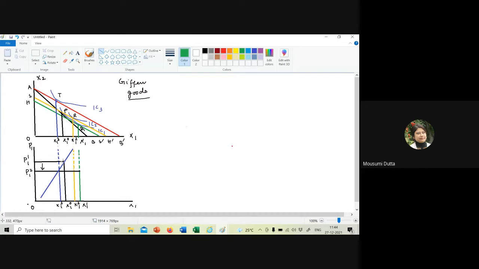This is the original consumption point. So this is Hicks and this is Slutsky.